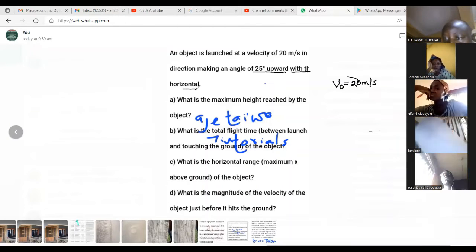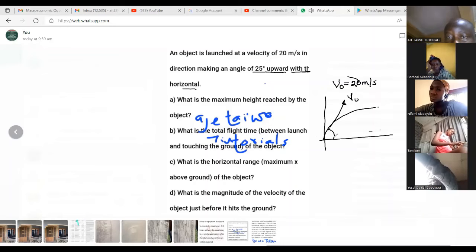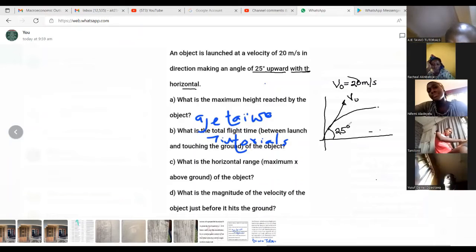So it's launched like this with this velocity. This is your V naught at angle 25 degrees to the horizontal. The angle we need must be the angle to the horizontal. So question A says we should find the maximum height.